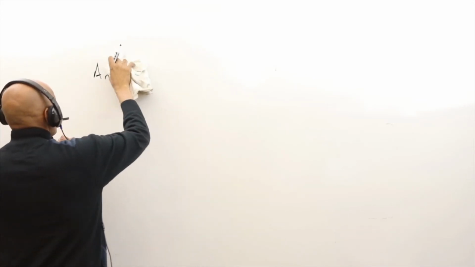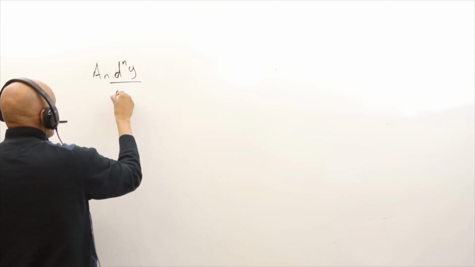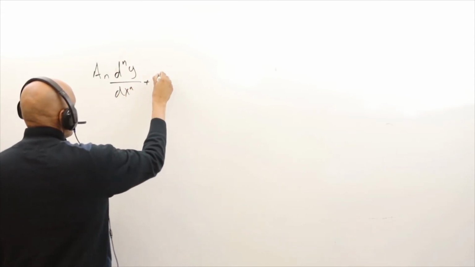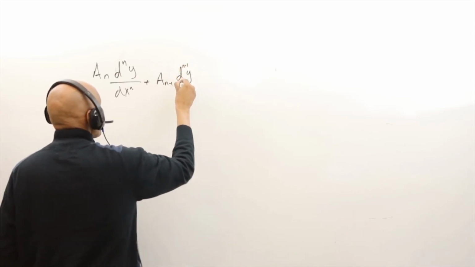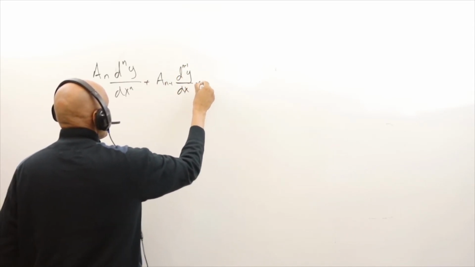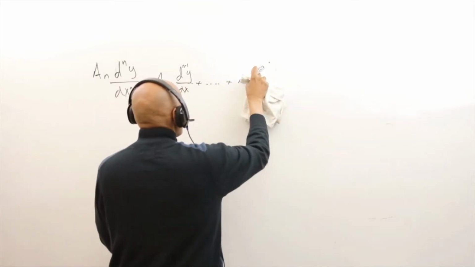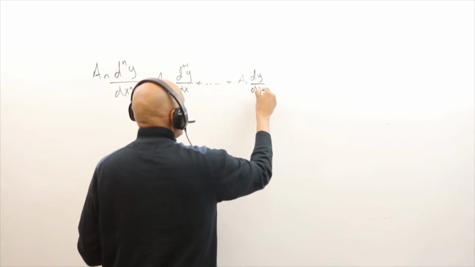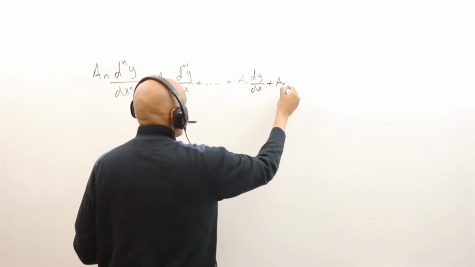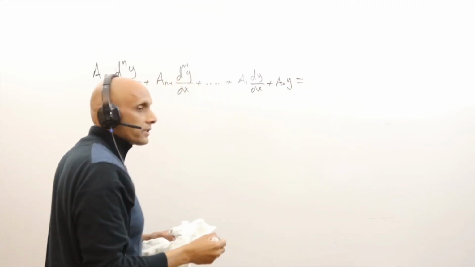So here is d^n y over dx^n plus a_{n-1} d^{n-1}y over dx^{n-1} plus dot dot dot all the way up to a1 dy/dx plus a0 y is equal to 0. That was homogeneous.